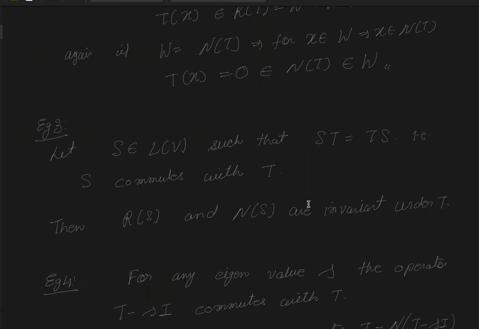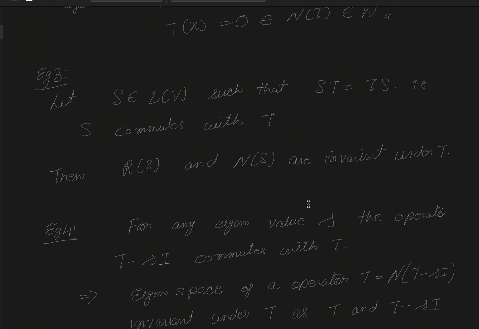Since every matrix corresponds to a linear transformation, we can also say that for arbitrary linear transformations S and T, ST will not always equal TS. But here we are considering those linear operators for which this commutative property holds, that is, ST equals TS. In such cases, the range of S and the null space of S are also invariant under T. So this is actually an important example.